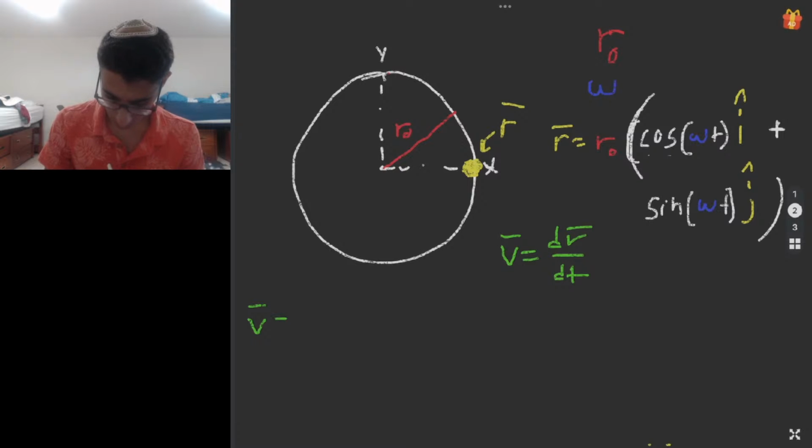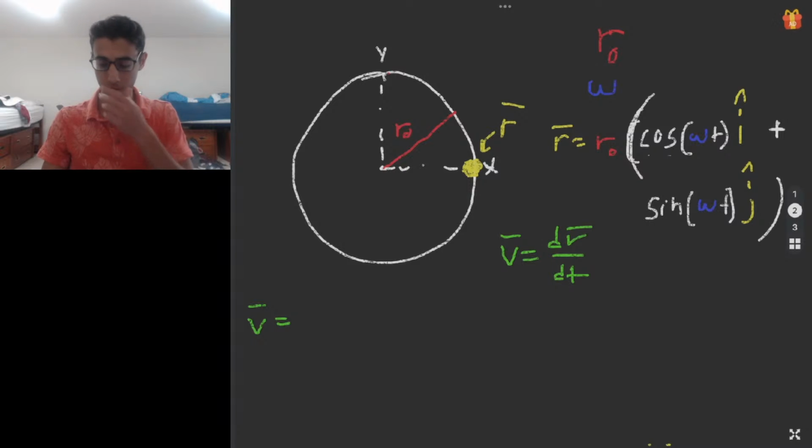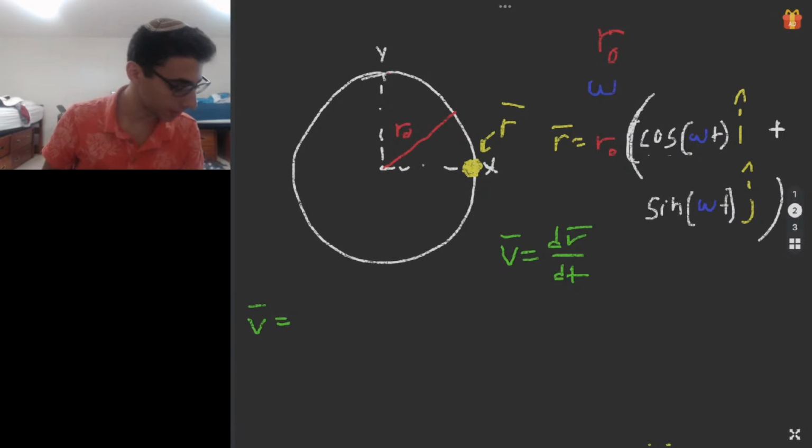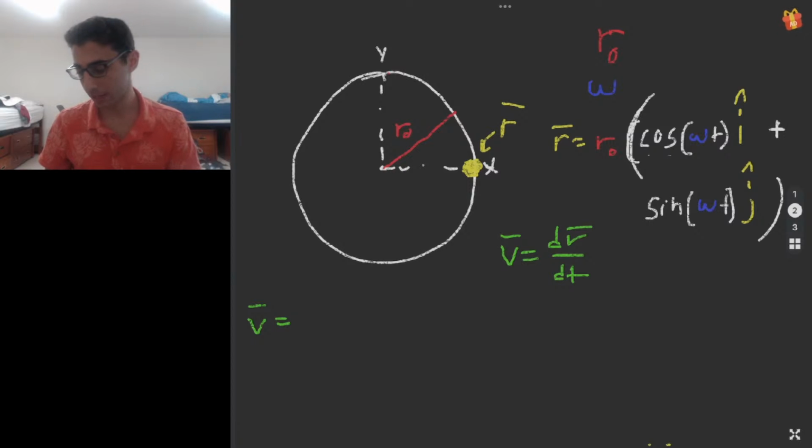What did I erase? Okay. How do we take the derivative of cosine with something inside? So this is another rule that hopefully you know, or you can prove for yourself. But the derivative of cosine is negative sine, and the derivative of sine is cosine.